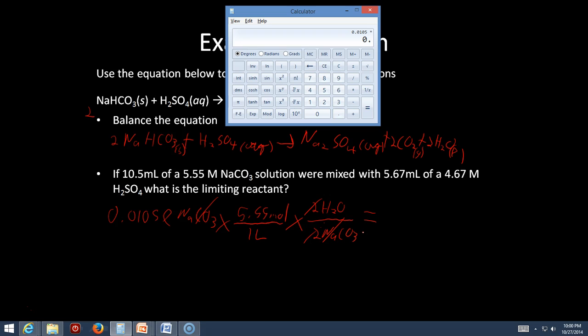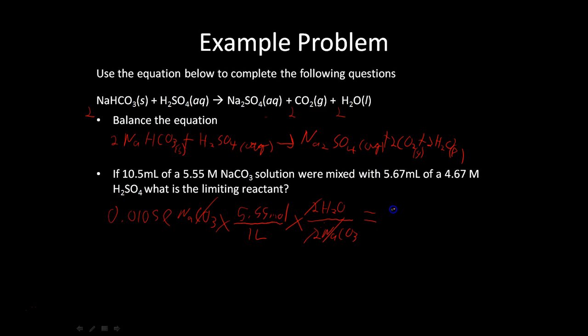Oh wait, that would be 5.55 equals, it looks like this will be 0.0528, so 0.0528 mole of H2O. Now let's do the same thing using our other reactant, our sulfuric acid, and see how much that makes.